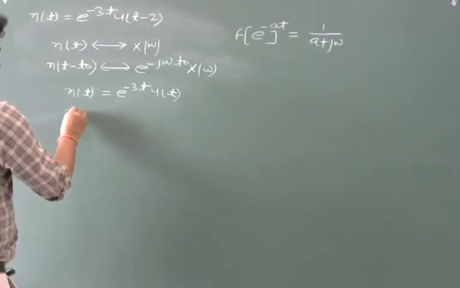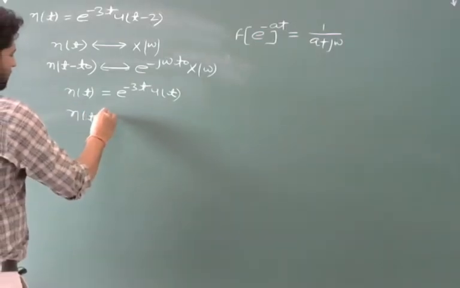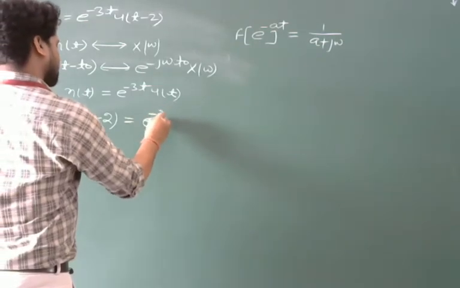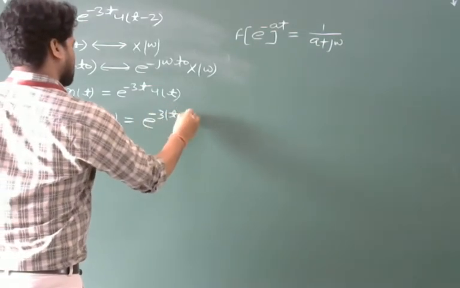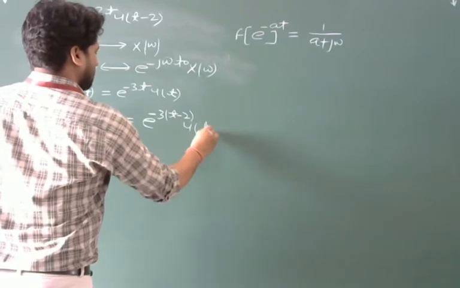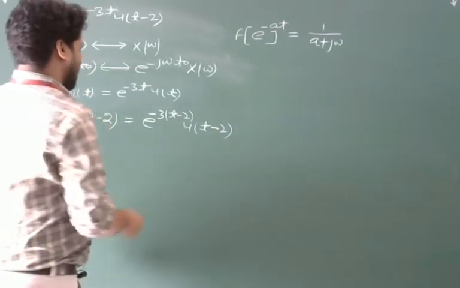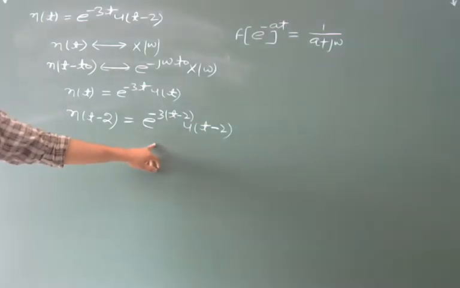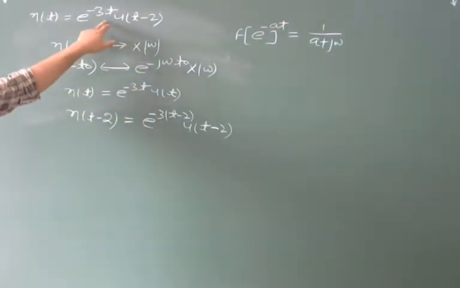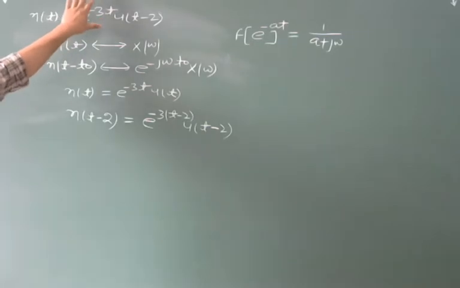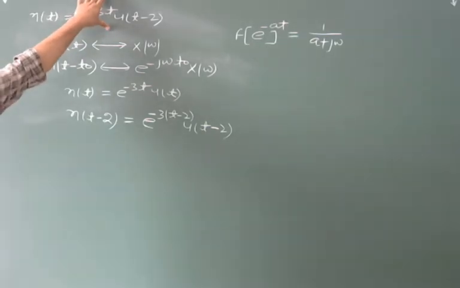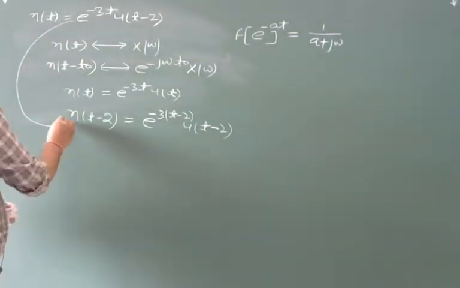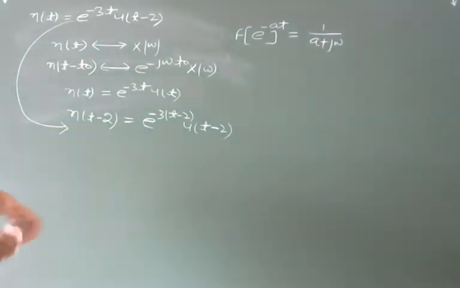If we write it as x(t-2), then this will become e^(-3(t-2)) u(t-2). I can apply the time shifting property in this form only. Here the given signal is e^(-3t) only, it does not have t minus 2. So we have to convert this signal into the form e^(-3(t-2)).